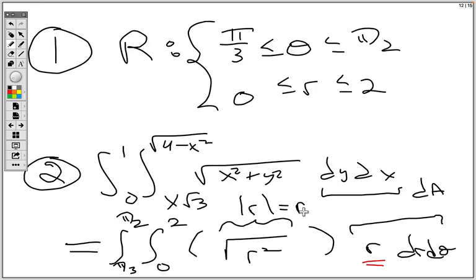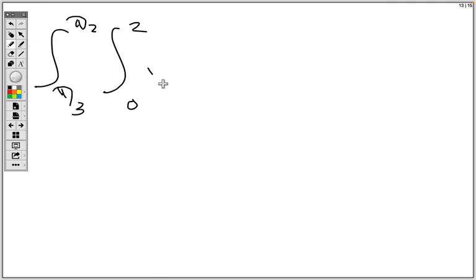So my integral is going to be the integral from pi over 3 to pi over 2 of the integral from 0 to 2. I've got r here from simplifying the integrand, and now I'm going to multiply by the other r, so that's an r squared, dr d theta.